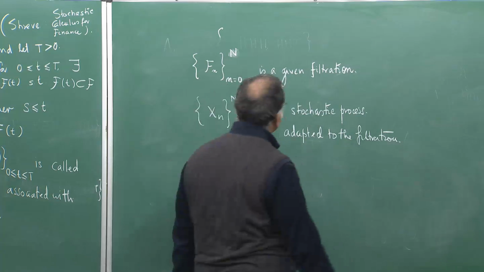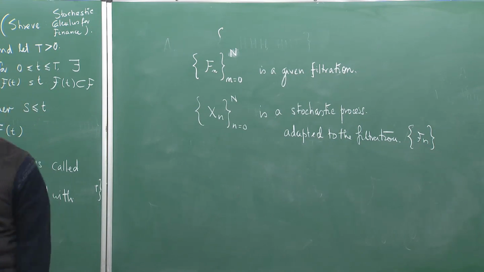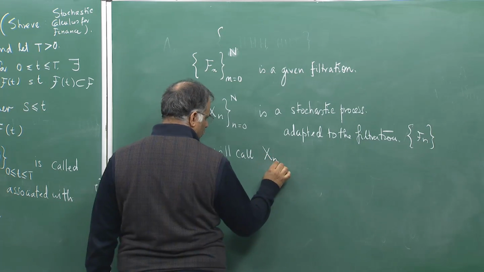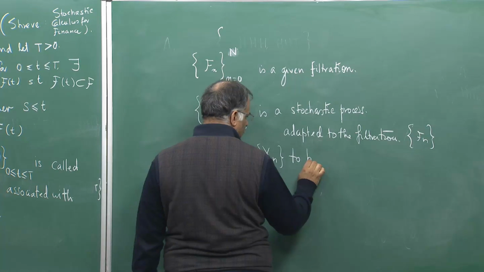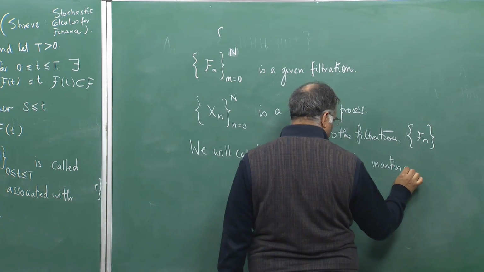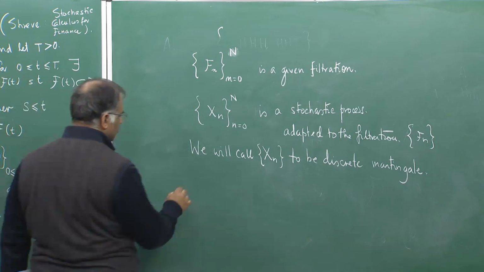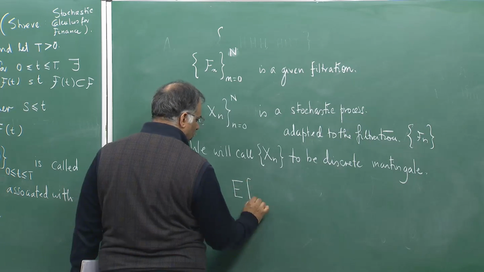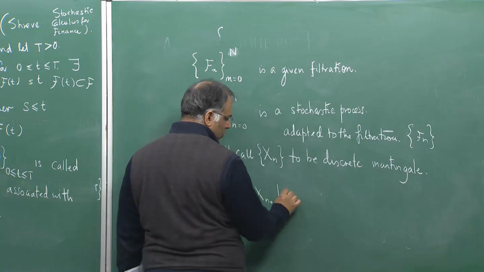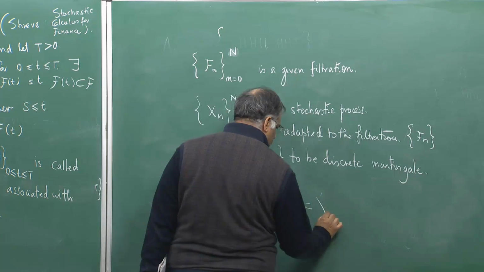Now we will call Xn a discrete martingale if the conditional expectation of the random variable at n plus 1, that is X(n+1), given the information till time n, equals Xn.